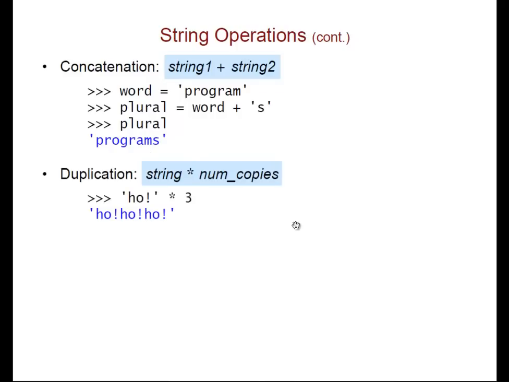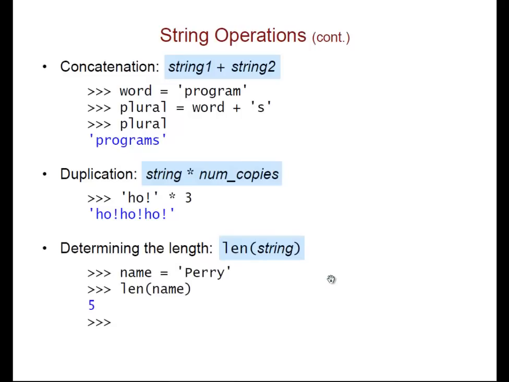I can use the multiplication operator with a string to produce a new string that has that many copies of the original. So here I'm taking this string, I'm creating 3 copies of it, and I get a new string with those 3 copies concatenated together.